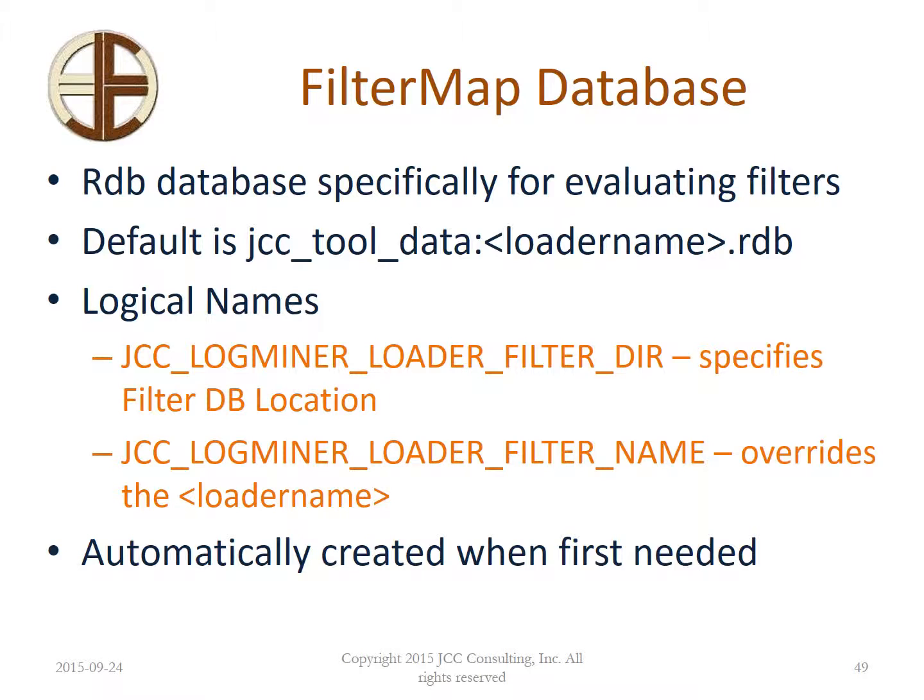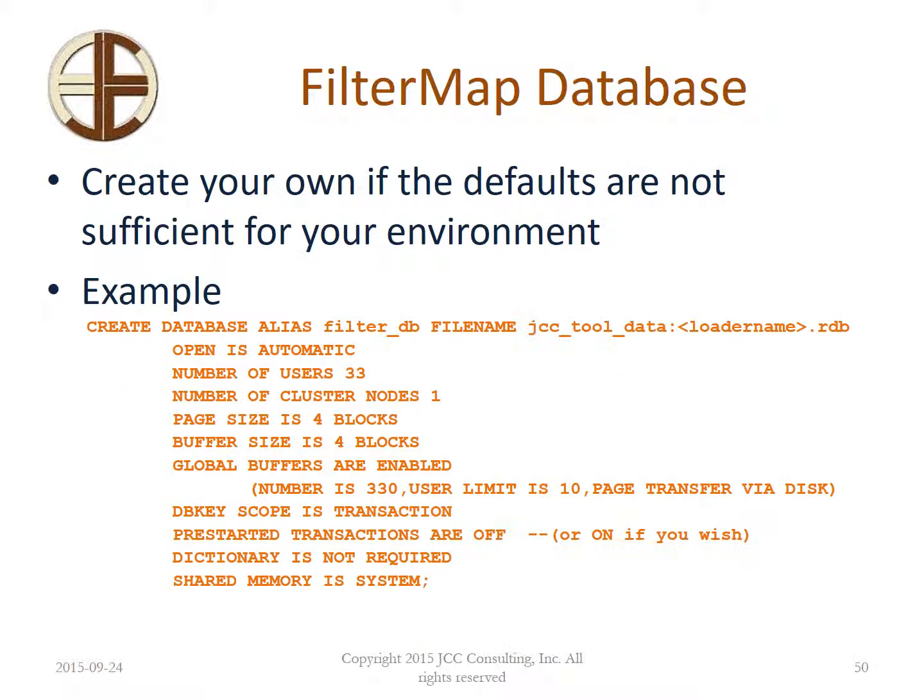The filter database is automatically created when it's first needed. You could create your own filter map database if the defaults are somehow not sufficient for your environment. I've got an example here of the parameters we use on the filter map database.